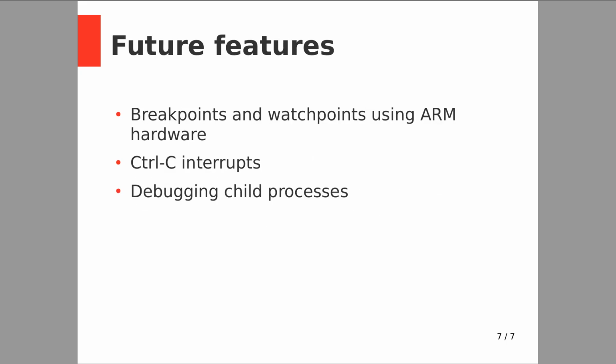The meat of the project is going to be in the other features that are much more outside the scope of Lab 4. In particular, breakpoints and watch points using the ARM hardware. ARM actually specifies hardware registers that you can set up for breakpoints and watch points.